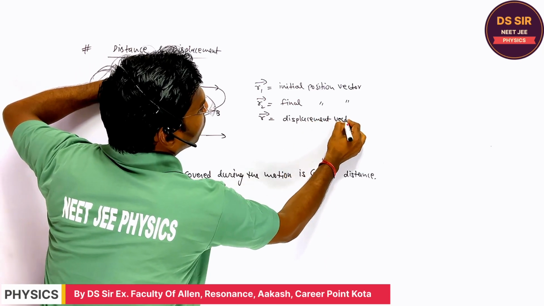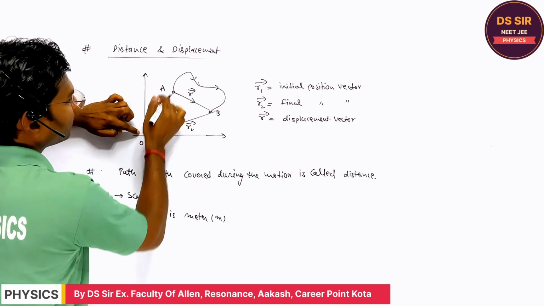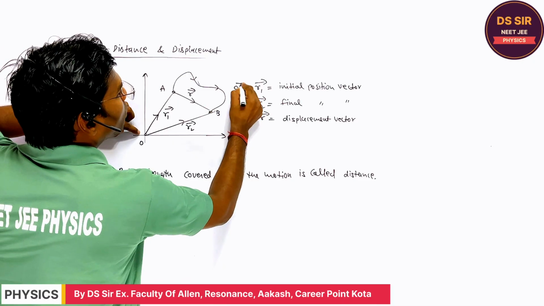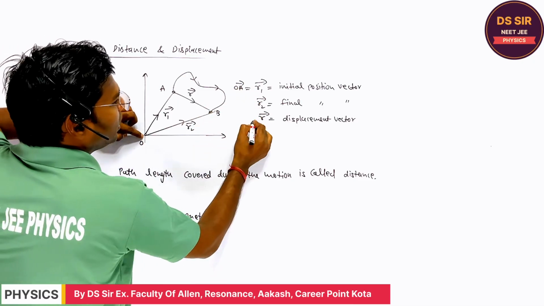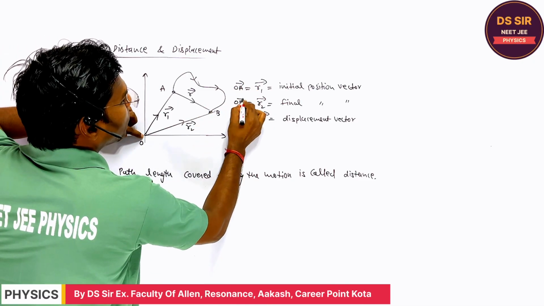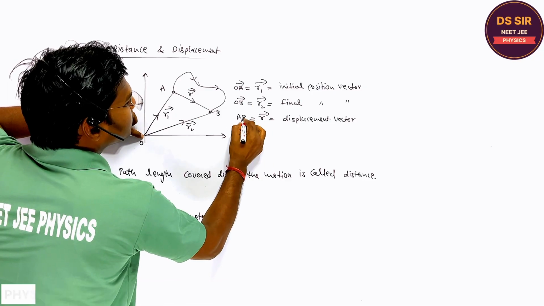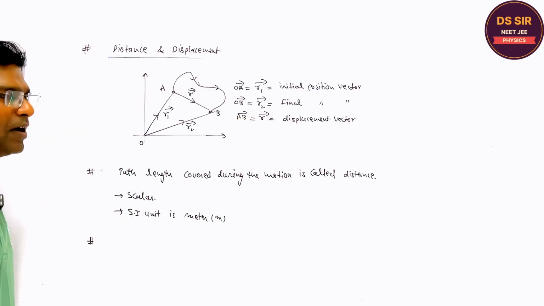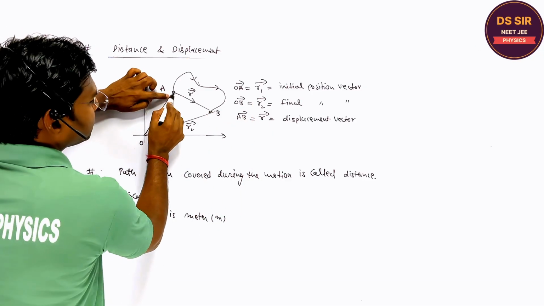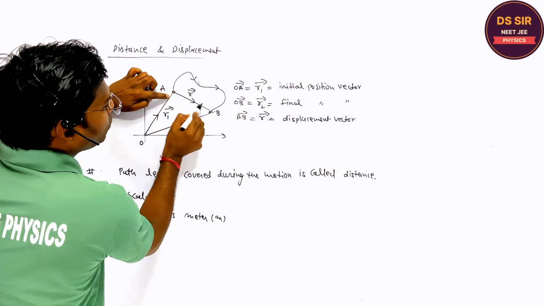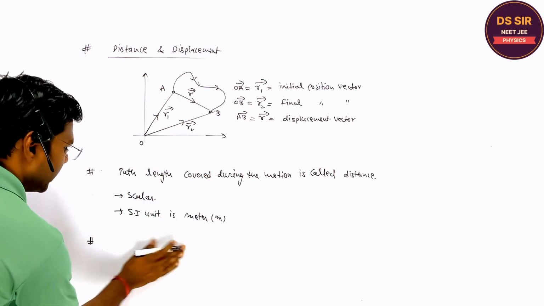Displacement vector. The position vector R1 is nothing but OA, the final position vector is nothing but OB, and the displacement vector is nothing but AB. How do we define the displacement? The line joining the initial to the final position is called the displacement.